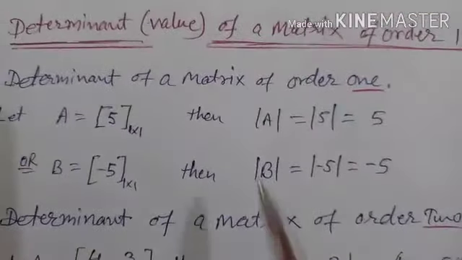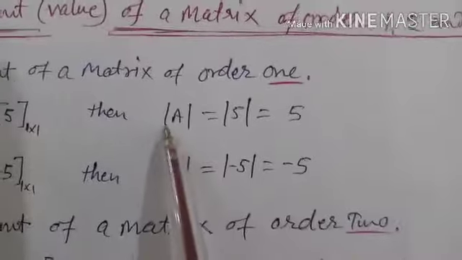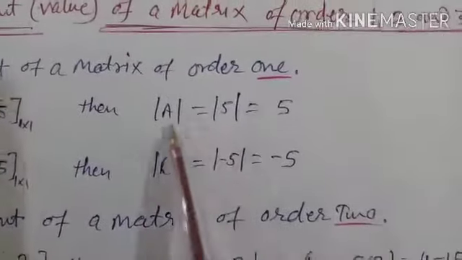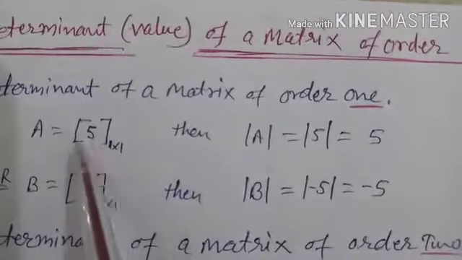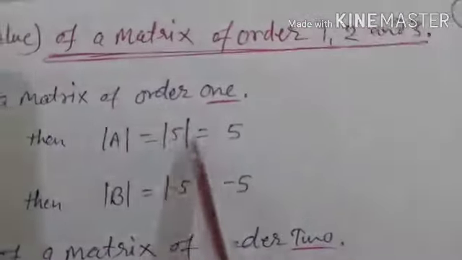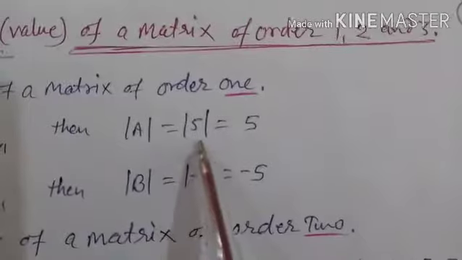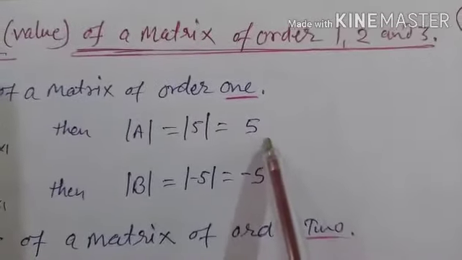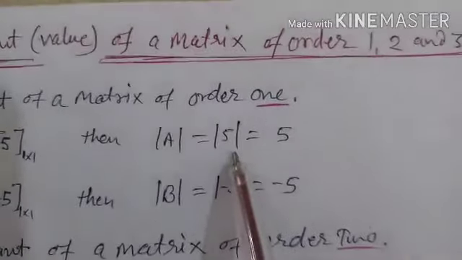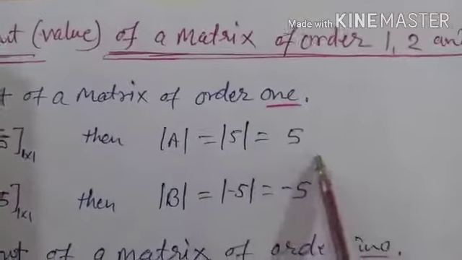So the determinant of A is only 5. In place of square brackets, write only 2 lines. So this is determinant 5, which is only 5, because there is only a single element. It is not a mod value, it is a determinant value, so it is 5.